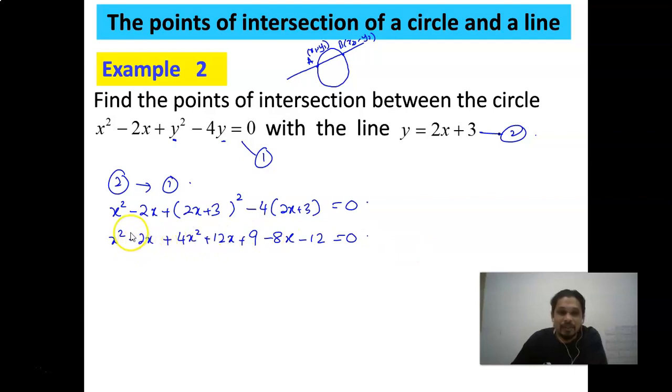Now let's simplify this. x squared plus 4x squared is 5x squared. Negative 2 minus 8 is negative 10x, plus 12x is 2x. And 9 minus 12 is negative 3, equals 0.